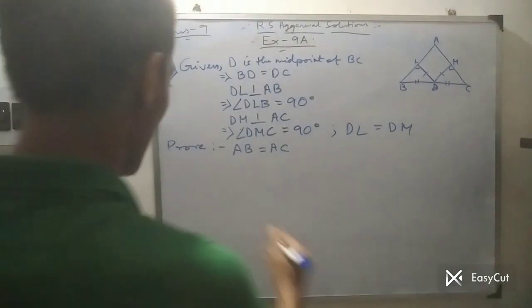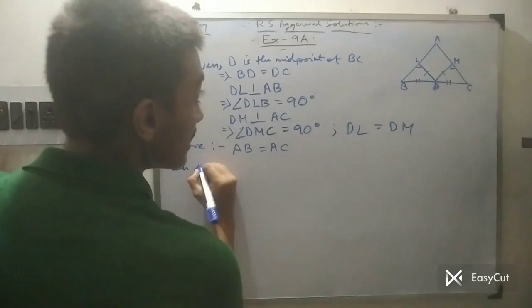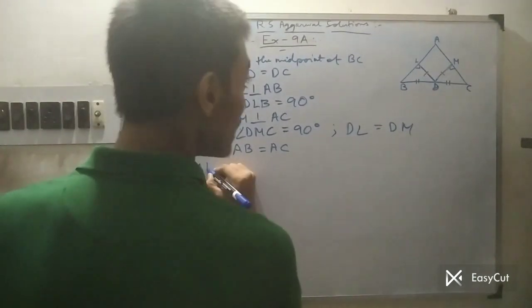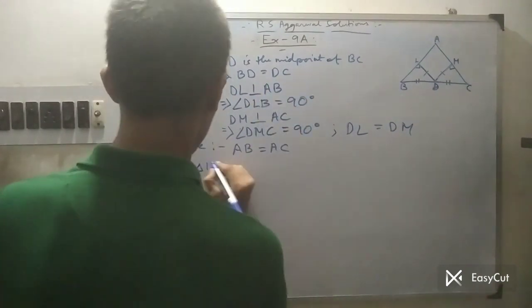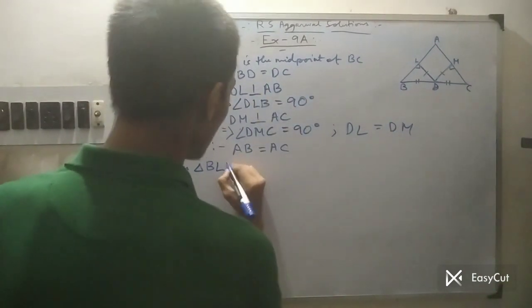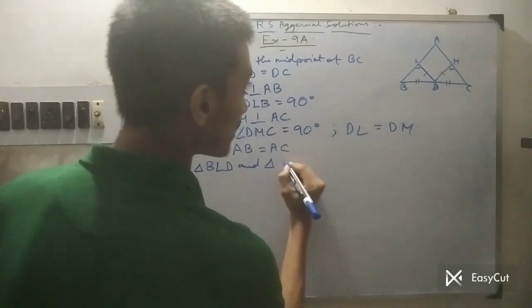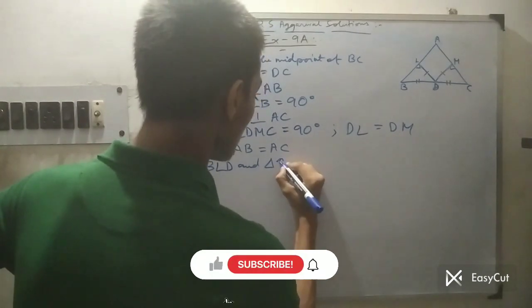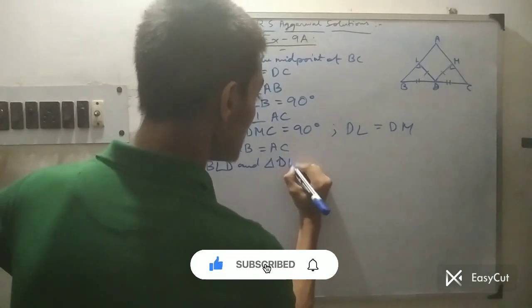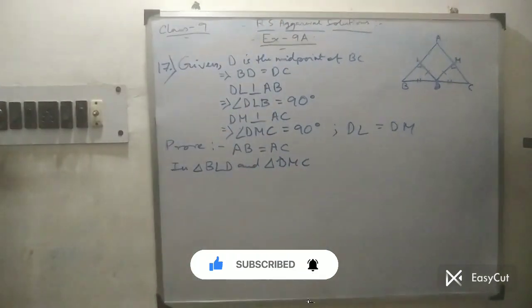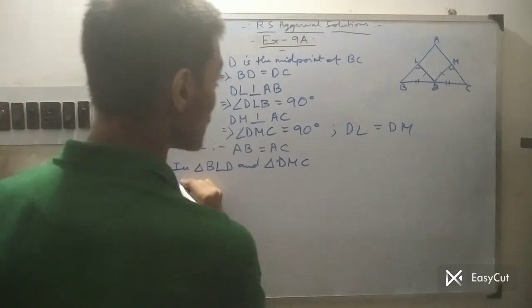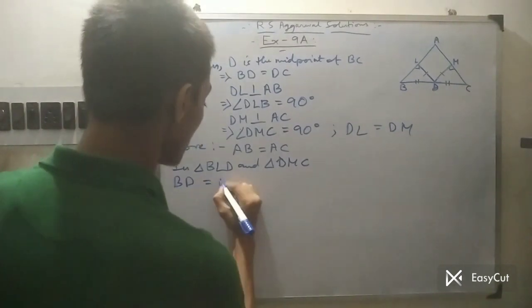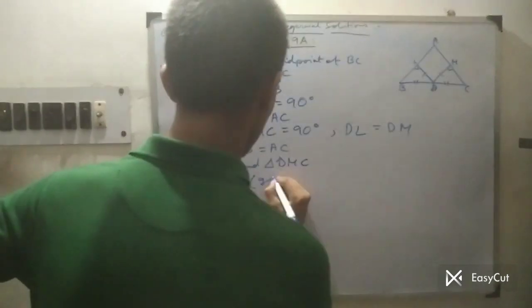So in triangle BLD and triangle DMC, we have BD is equal to DC, given.